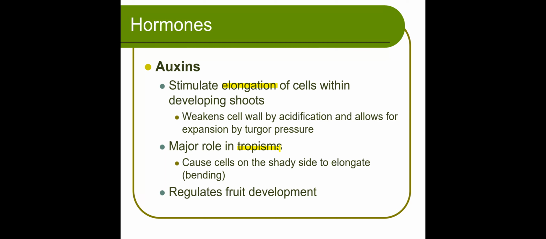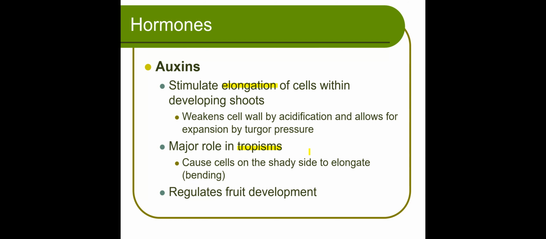So when we're talking about phototropism and the plants bending toward the light, the reason they do that is because of auxins. When you have the light coming in on one side of that plant, it's going to trigger the shady side of that plant. The cells are going to get longer.